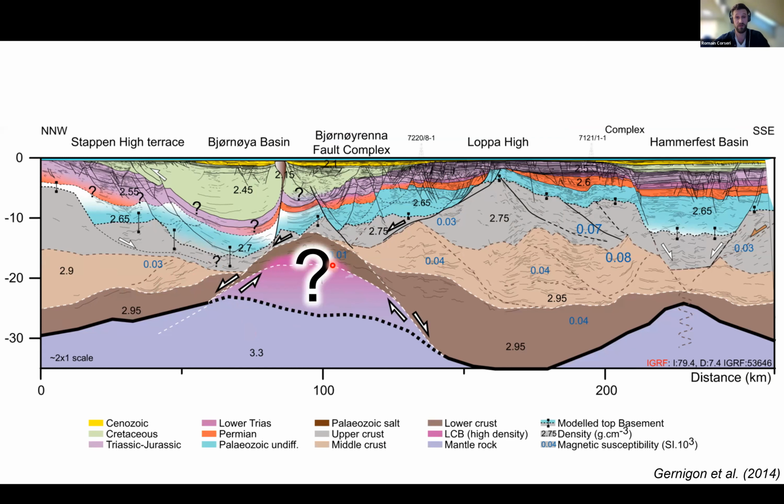It is often the case that seismic velocities and density values don't allow us to conclude on the type of lithology beneath or in the crust. So they are often denoted as lower crustal bodies or high velocity bodies, and these could be altered mantle or serpentinized mantle, or lower crustal bodies like magmatic underplating.